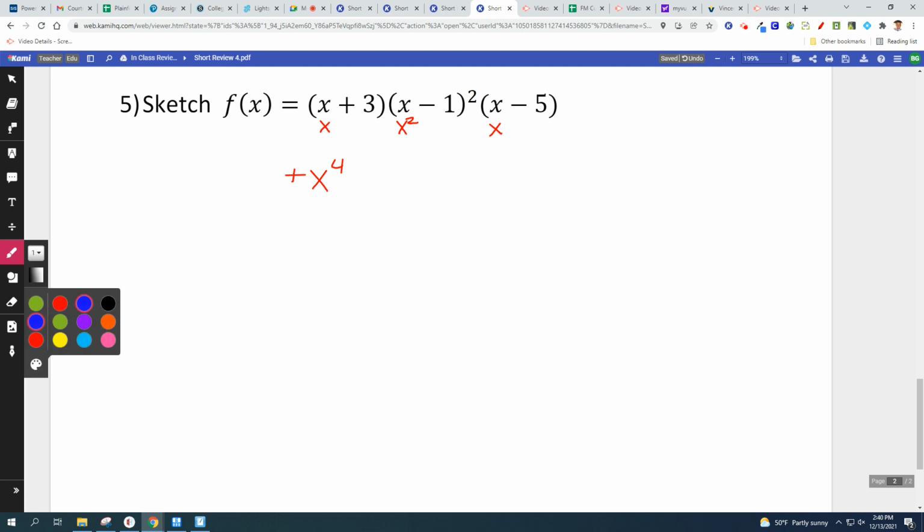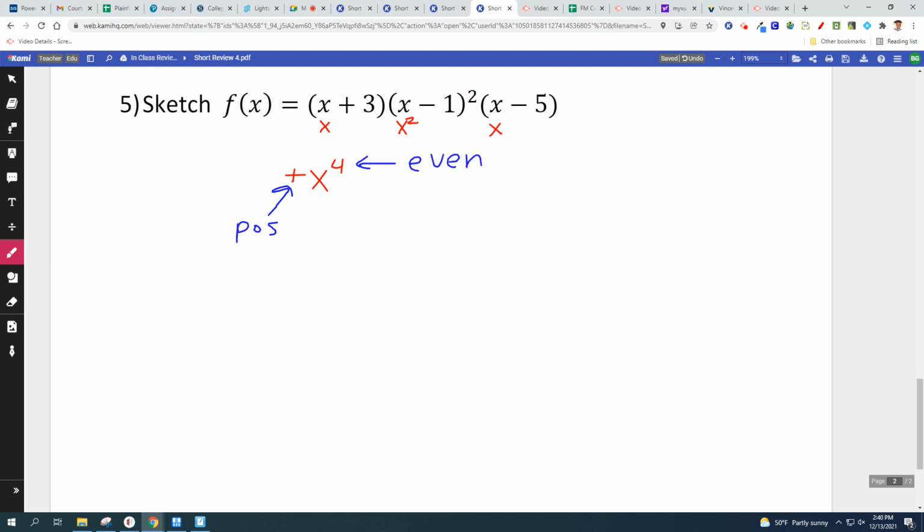So we talked about this being positive and even, and we talked about the end behavior. End behavior tells me an awful lot about what the graph looks like. Positive and even, think about an x squared graph.